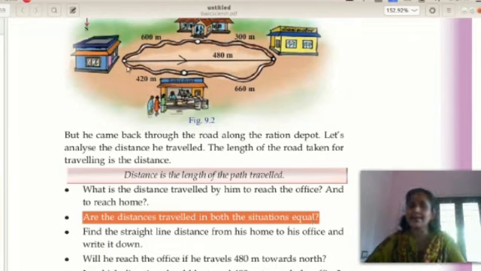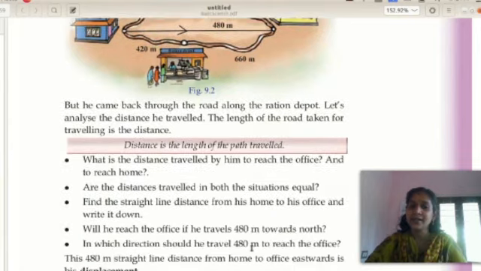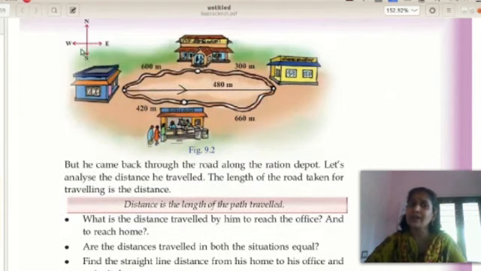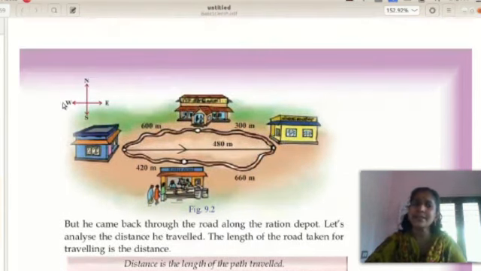Then we can consider the straight line distance from his home to the office. How much is the straight line distance from his home to the office? That is 480 meters, isn't it? Will he reach the office if he travels 480 meters towards north? Consider this picture. Here directions are given: north, south, east, west.